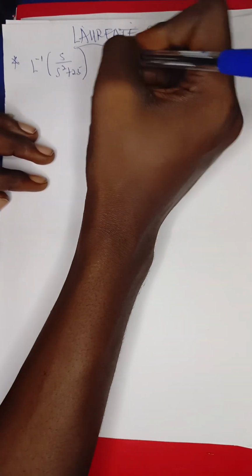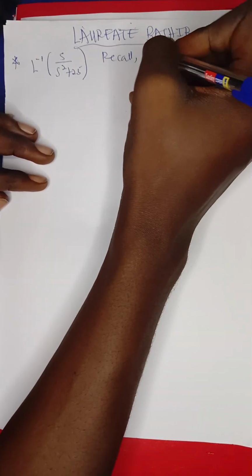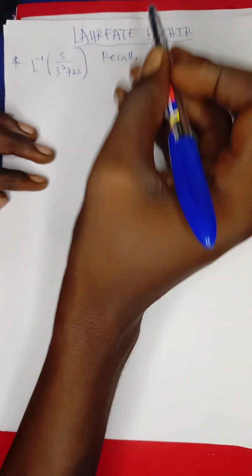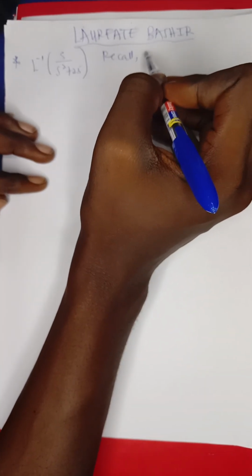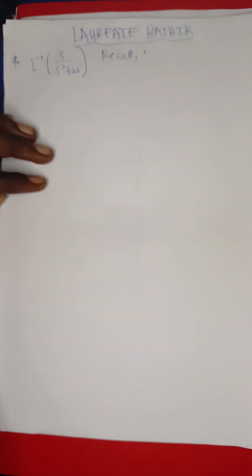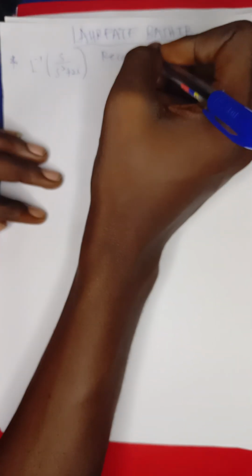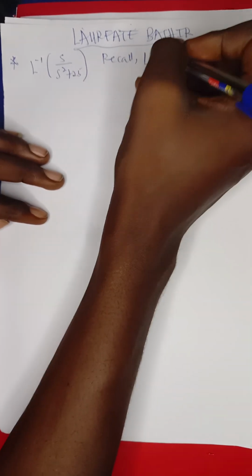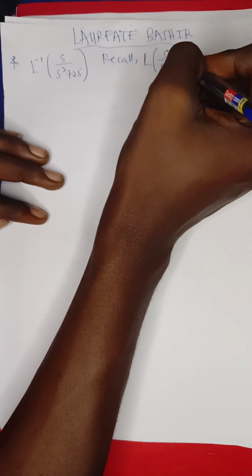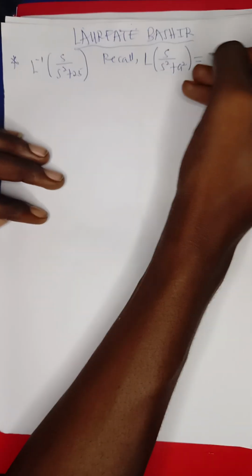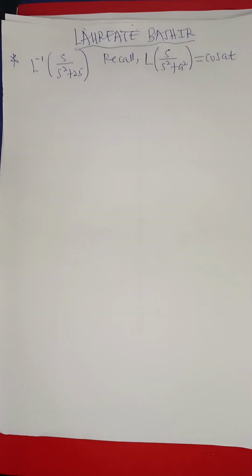You could recall that the Laplace inverse of s over s square plus a square is equal to cos at. Cos at.